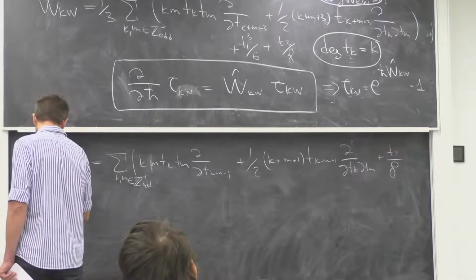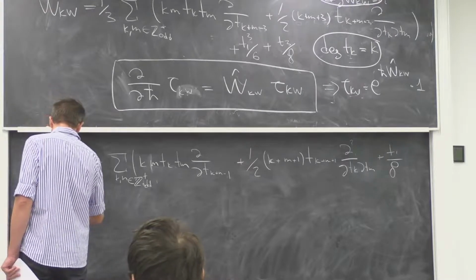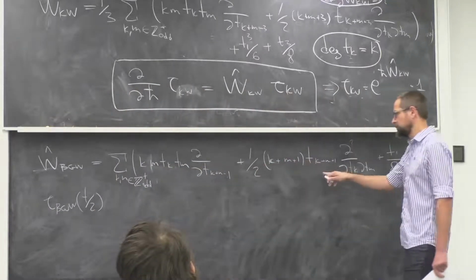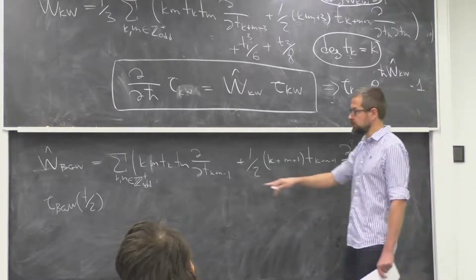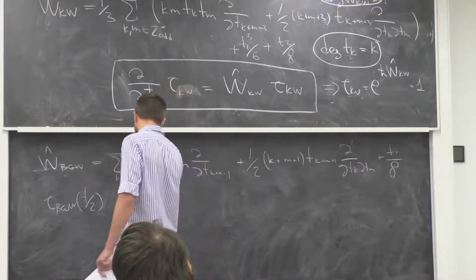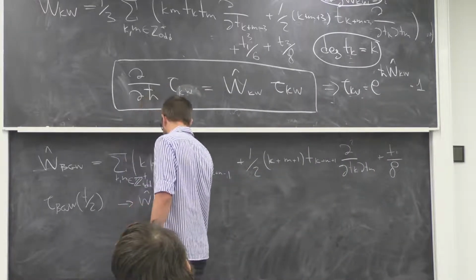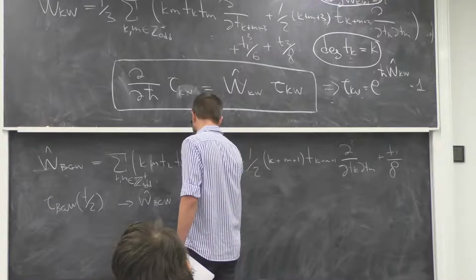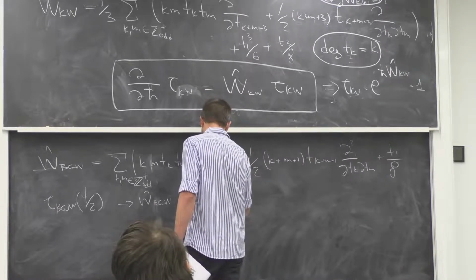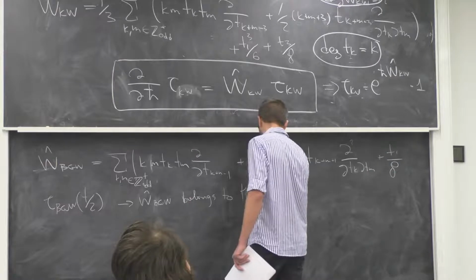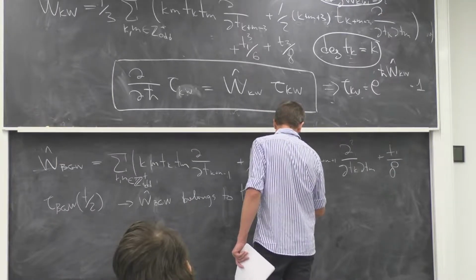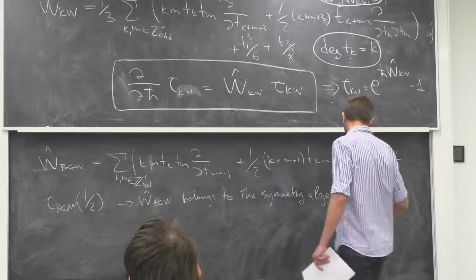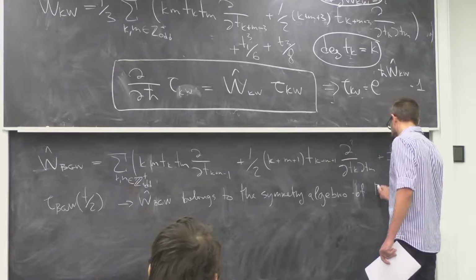So if we take tau is GW of T over 2, so if we rescale the T variables, if we divide the T variables by 2, then this operator W belongs to the symmetry algebra of the so-called BKP hierarchy.